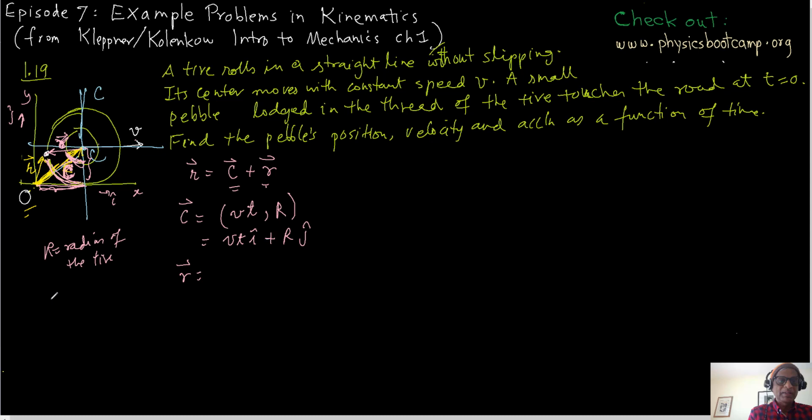Arc distance is vt, radius is R. So the angle is vt over R. The angle, not angular velocity. The angle theta will be vt over R. And so if I know this, so that's the theta.